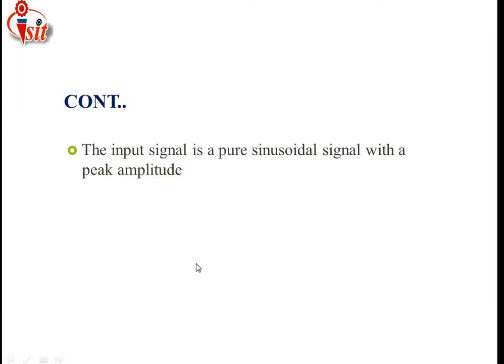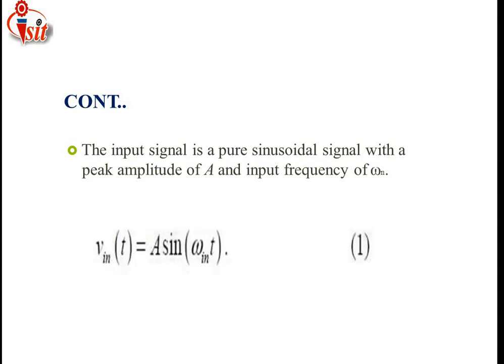The input signal is a pure sinusoidal signal with a peak amplitude of A and the input frequency of omega n. Whenever we use the omega terminology, it is related to frequency in an angular nature, and f is related to the linear nature.